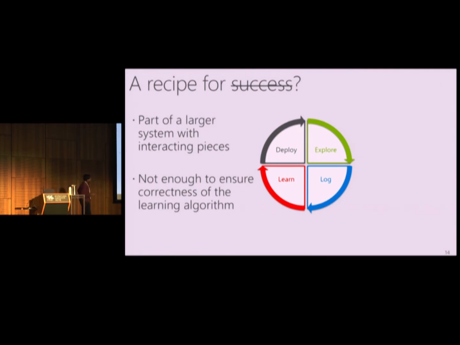Turns out this is a bit less true when you're solving these interactive learning problems like with contextual bandits, or this is true of many other interactive learning settings. But let's keep to contextual bandits. So there's at least a few different components that we have to worry about. You have the exploration piece that receives a context and takes an action. This is the part that's interfacing effectively with the application you care about.